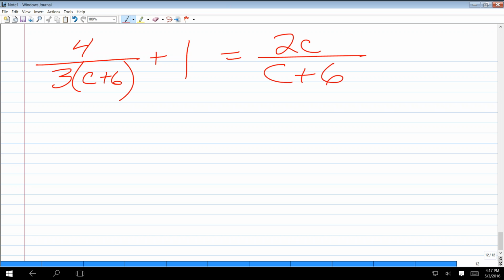Again, the very first thing I notice is that this is almost a common denominator in both terms. What do I have to multiply both sides by to get rid of all the denominators I'm looking at? c plus 6, times 3, if I want to get rid of this 3.